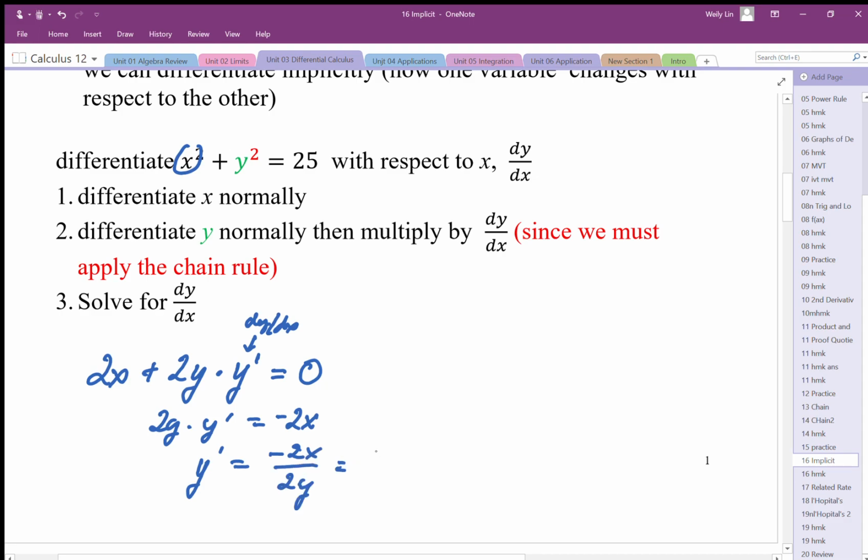I'm going to simplify that to negative x over y. So there is my derivative. If I want to find the slope, I can use this expression, negative x divided by y. So if I want to find the slope at some particular point, I just plug in the x coordinate in the numerator, the y coordinate in the denominator, and that will give me my slope, or the change in y over the change in x.